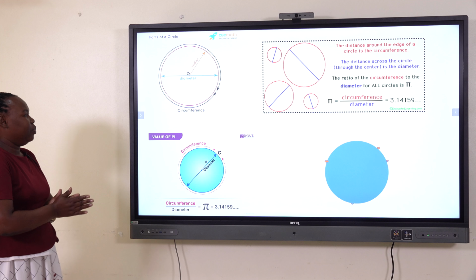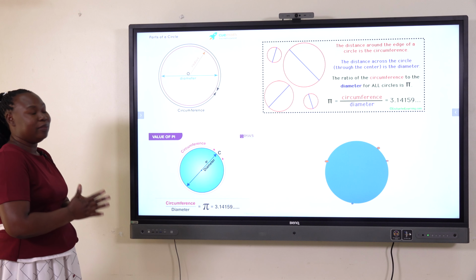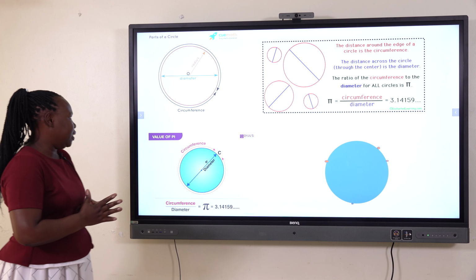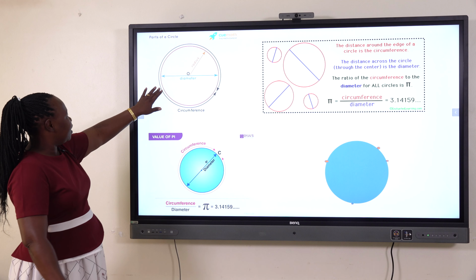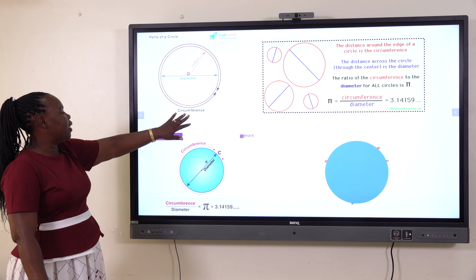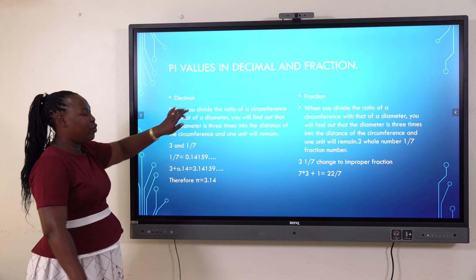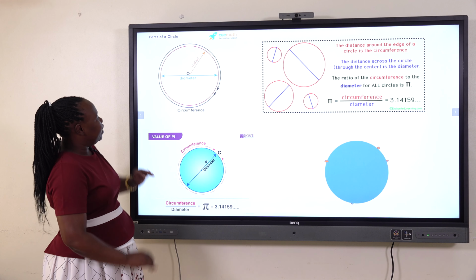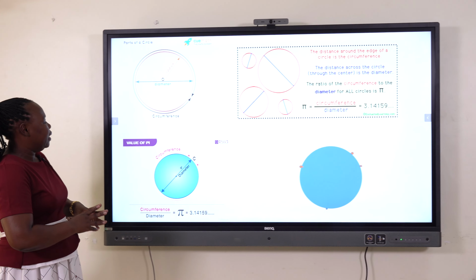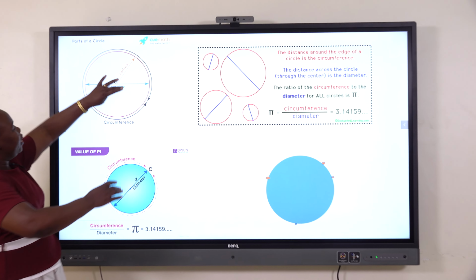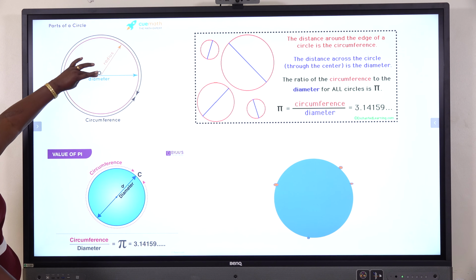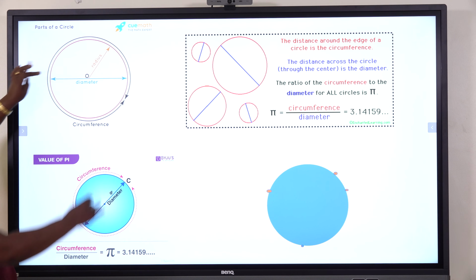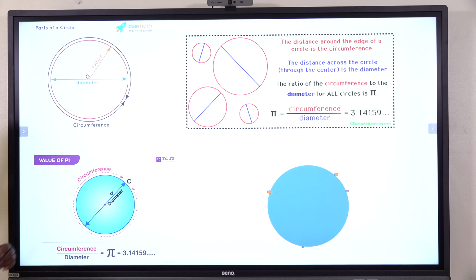This diagram illustrates what we mean by circumference. In the first diagram, you will see that circumference means the distance round a circle. The diameter is the distance across the middle of the circle.